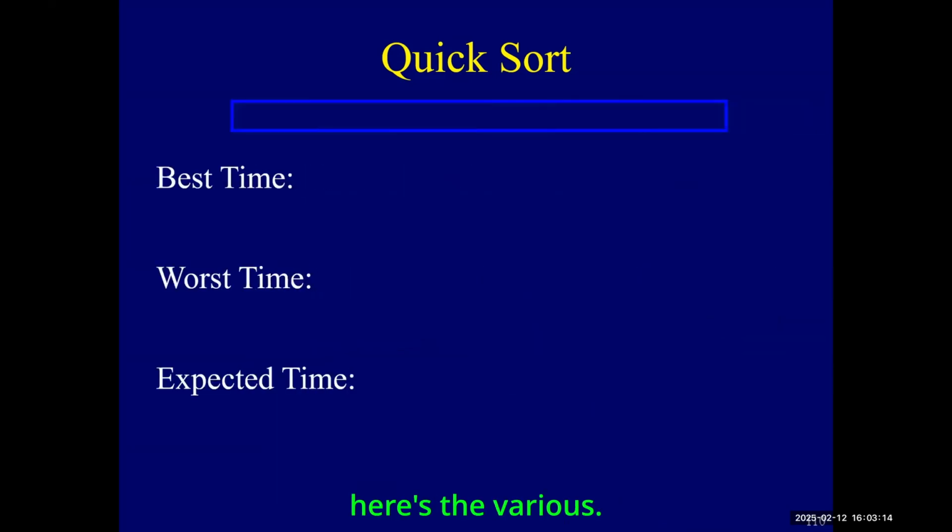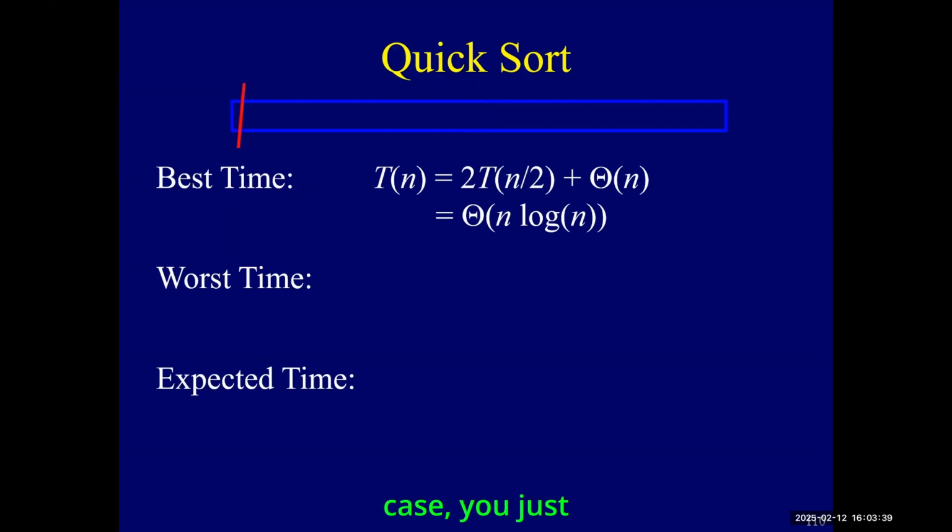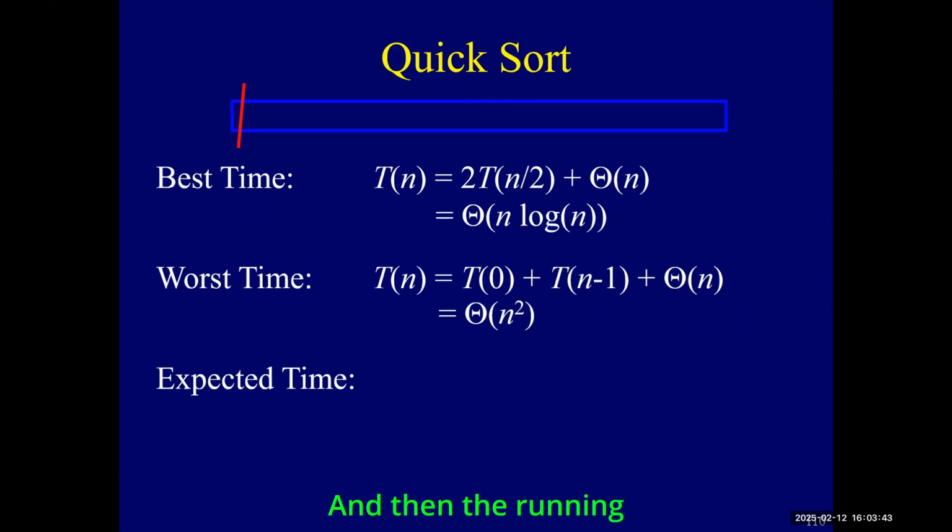All right, so here are the various running times. The best case is that every time you pivot, you cut the list in half. We haven't done recurrence relations yet, we'll do them soon, but it comes out to n log n as the running time. In the worst case, you just peel off one small amount, and then the running time is n squared.